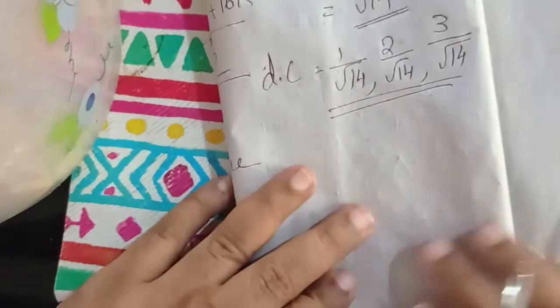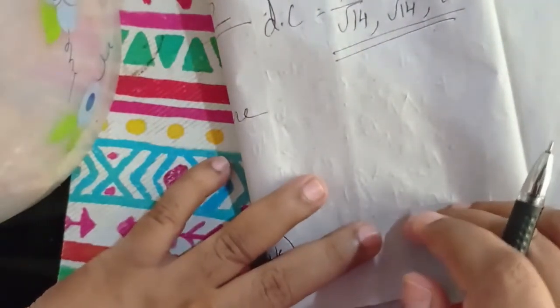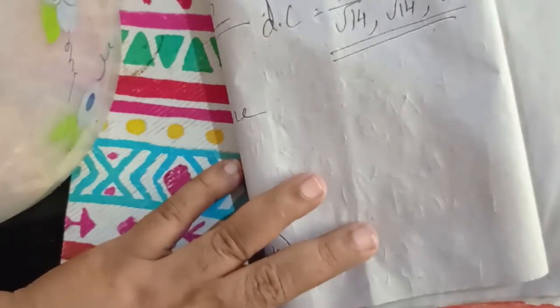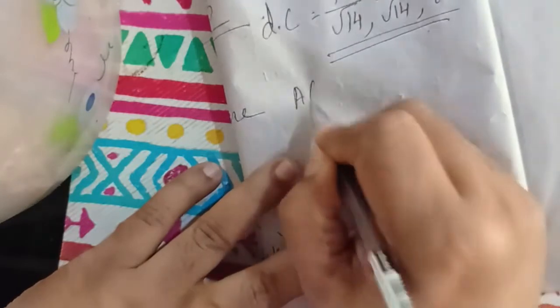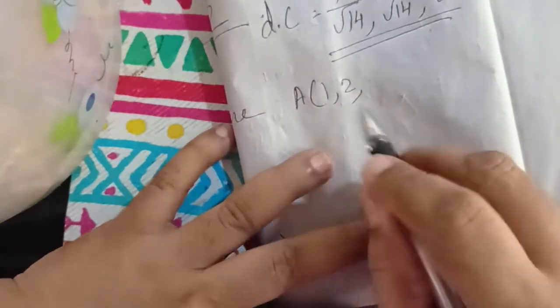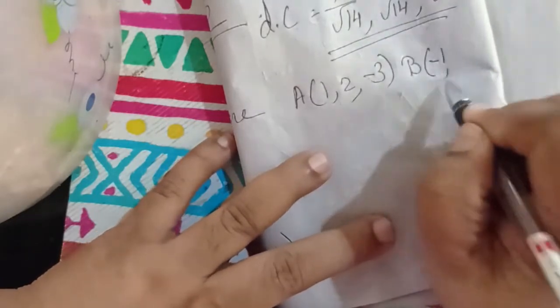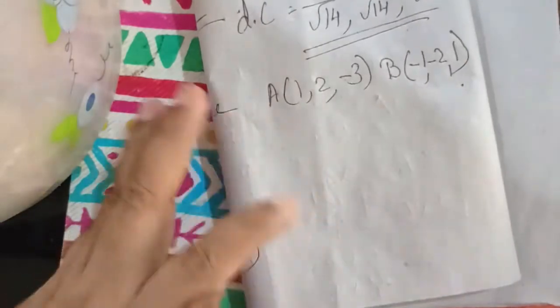Write the next question. Find the direction cosines of the vector joining the points A(1, 2, minus 3) and B(minus 1, minus 2, 1).